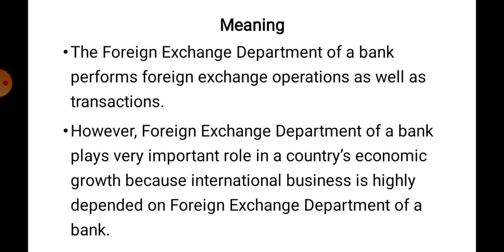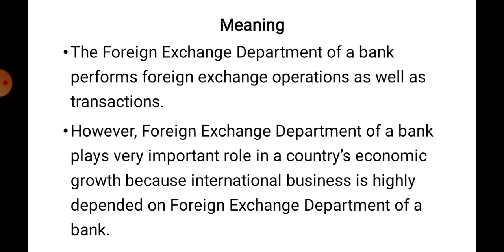They deal with foreign inward and outward remittances, buying and selling of foreign currencies, handling of import and export documents, and giving consultancy services to importers and exporters.